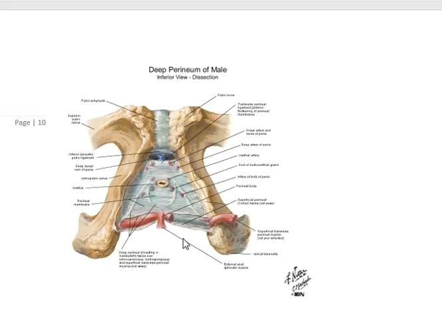Don't forget, everything between this layer, the perineal membrane, and the fascia that covers the upper part of the diaphragm, we say is the deep perineal space. Now we have discussed the superficial perineal space and the elements that we have inside.